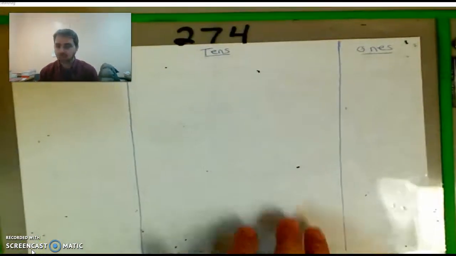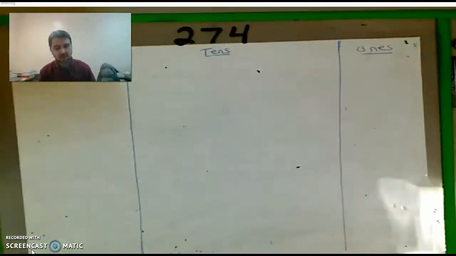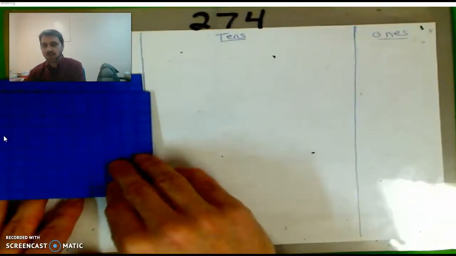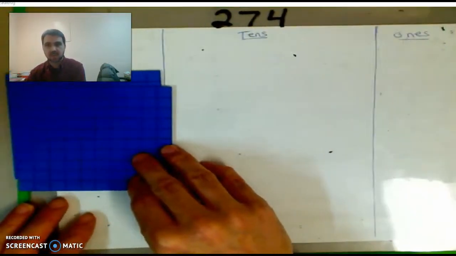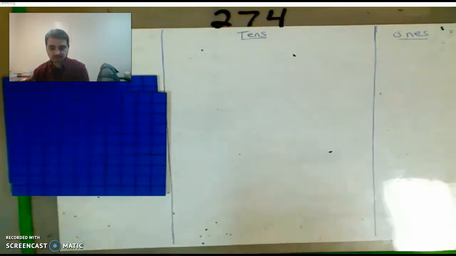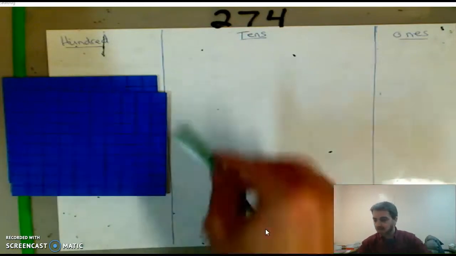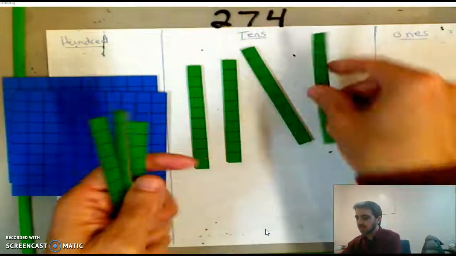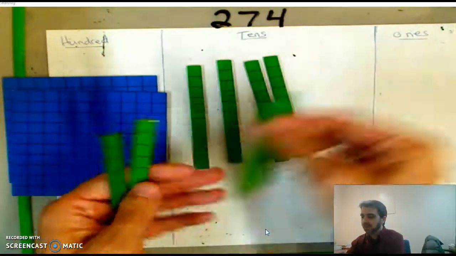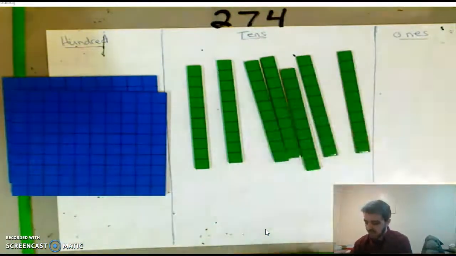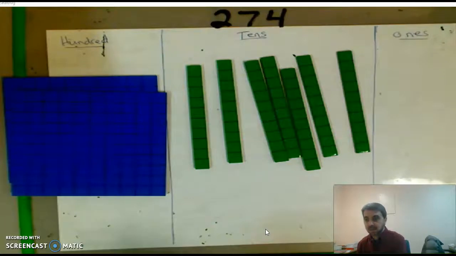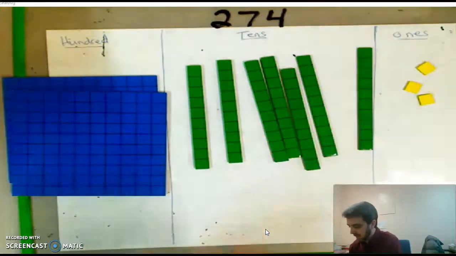Here I have the number 274. So I have 200, 270, let's see, that's 30, 40, 50, 60, 70, and 4, okay?